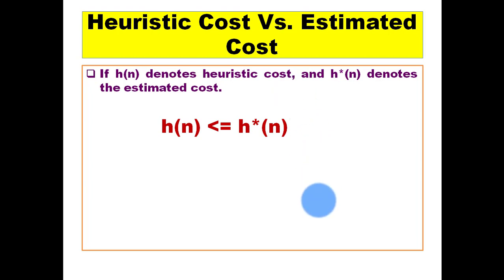Among them, Hn will consider 30 minutes as the heuristic cost. But if you have gone by bus, then it takes around 40 minutes. So 40 minutes is our estimated cost and 30 minutes is our heuristic cost. You have seen 30 is of course less than 40. So it proves that heuristic cost will be less than or equal to estimated cost. You should note it. Very important fact.